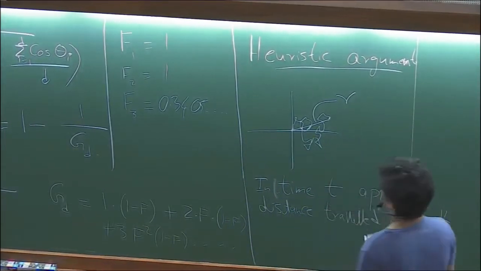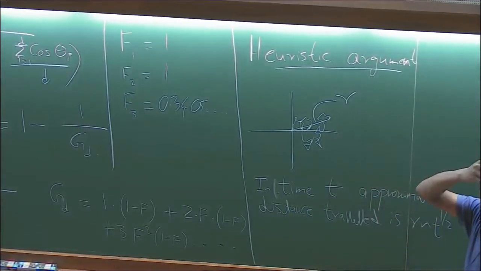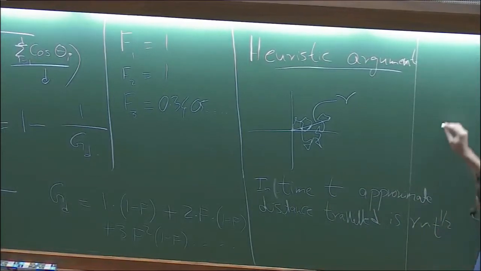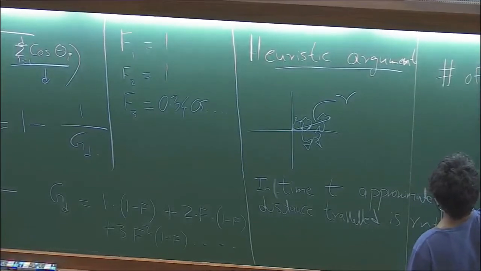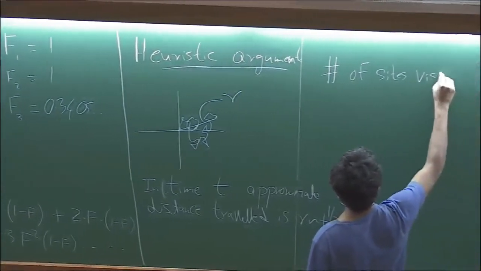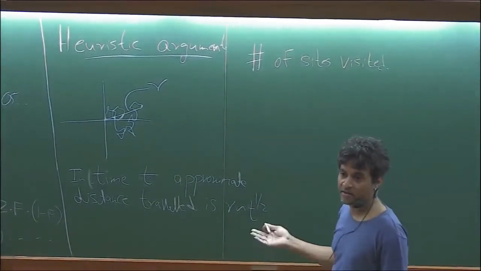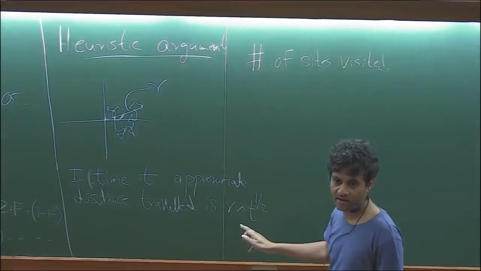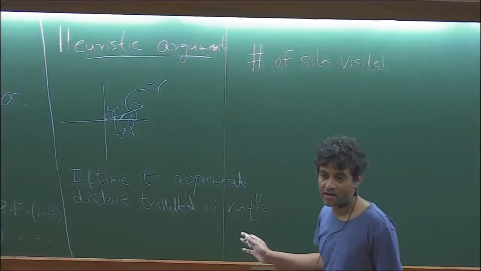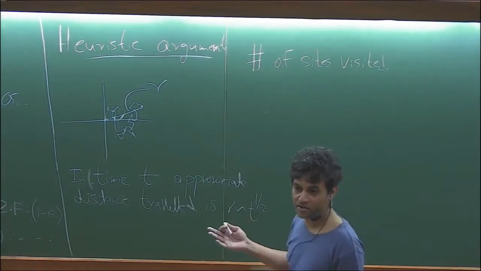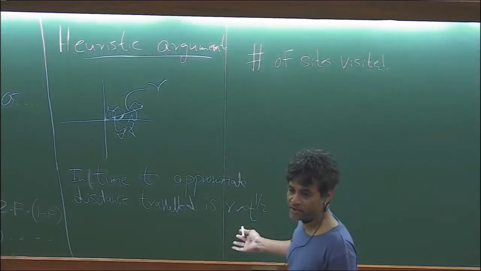is t to the power half. So if you have gone t to the power half distance, then what is the number of sites you have visited on average? Roughly, if you have gone this far, in d dimensions it will be the volume of this, right?